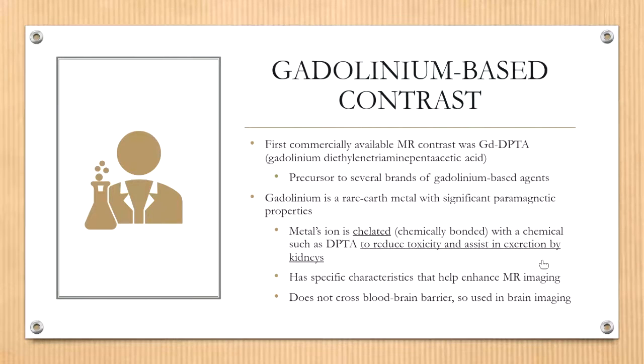So what they found is that by chelating, or chemically bonding, other ions to the actual molecule, such as DTPA, which is diethylene triamine pentaacetic acid, that is holding the molecule together, chelating it and surrounding it, making it less toxic and also less able to cross the blood-brain barrier. And that allows us to get that super enhancement of the water molecules without causing significant damage to the patient.